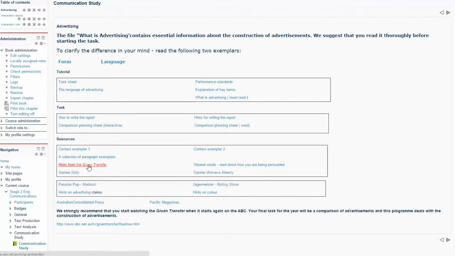I'm on their Facebook page, and Gruen Transfer is returning, so you will be able to have a look at the program because it talks about advertising. Some of you may be doing media, in which case you will know about advertising. This is looking at it from a very specific lens, so we need to make certain that you understand.